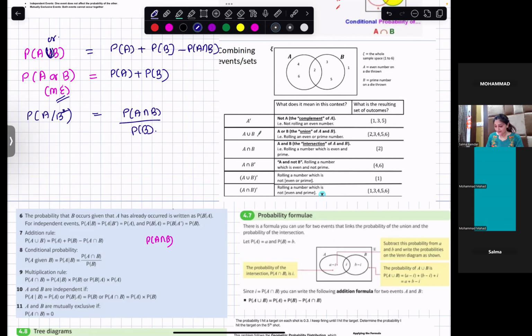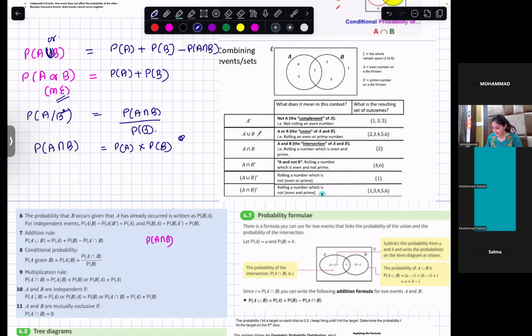When events A and B are independent, what is probability of A into probability of B? It equals the probability of A intersection B. This can be written in other ways also.